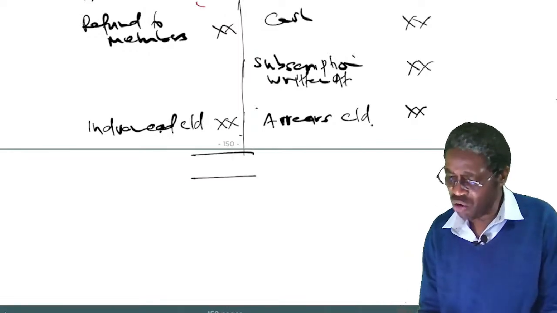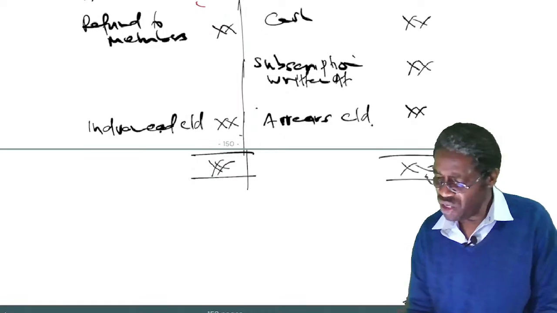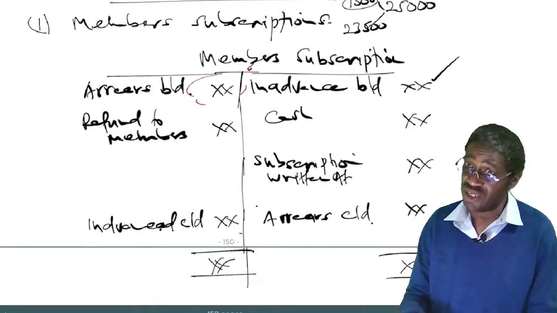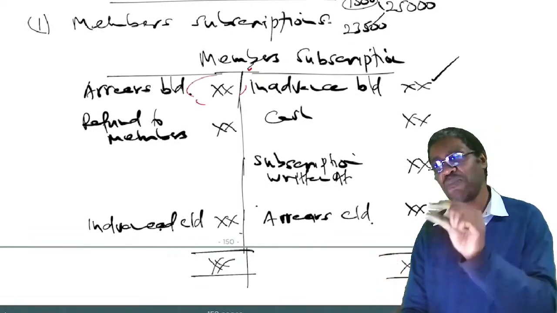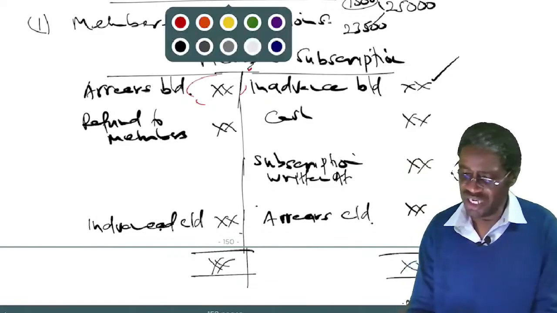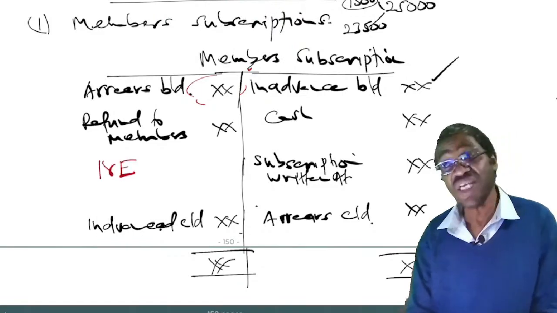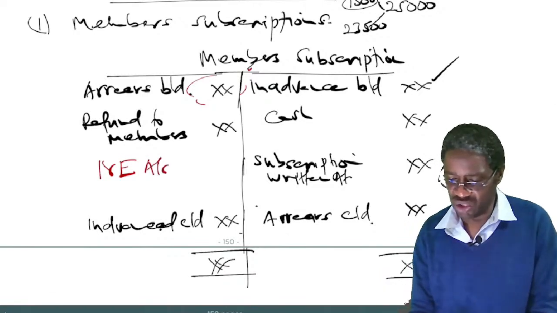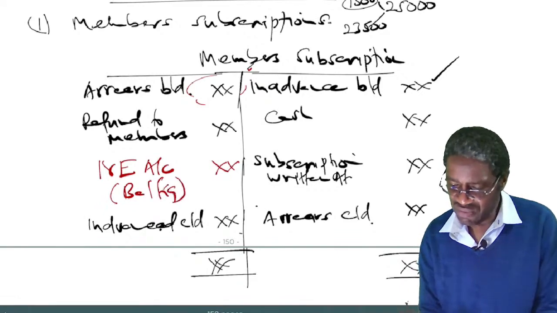Now listen. Once you enter all the information concerning your subscriptions account, there will be a balancing figure, and that balancing figure will be the amount of the income for the year. Normally, it will be on this side. That's what you're now going to take to the income and expenditure account. We are getting it as a balancing figure.